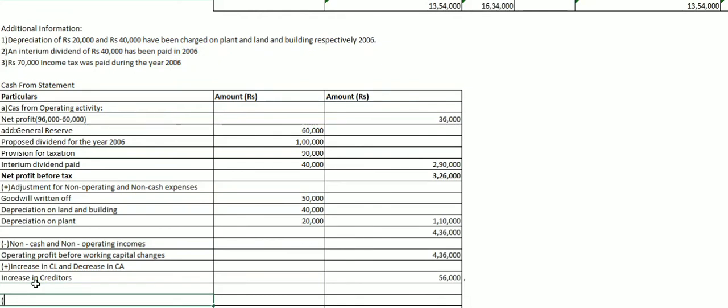Nothing else has increased or decreased in your current liability and current asset respectively. So you will minus the vice versa of it, which is decrease in current liability and increase in current asset.